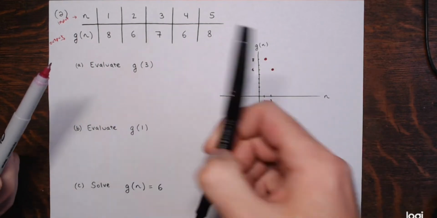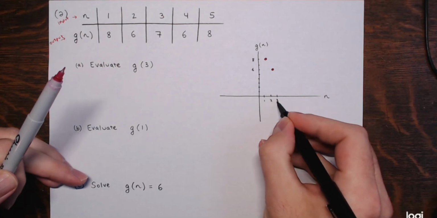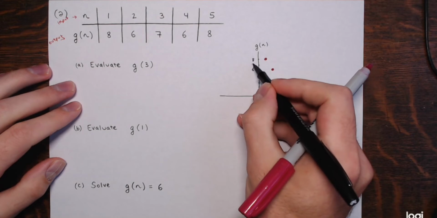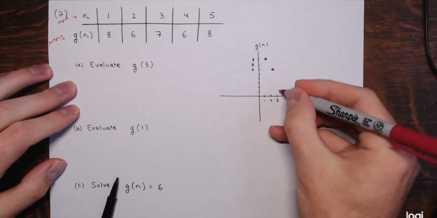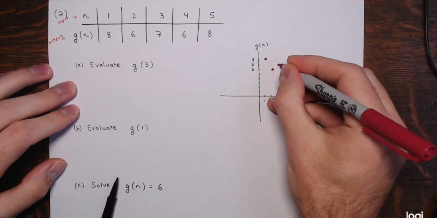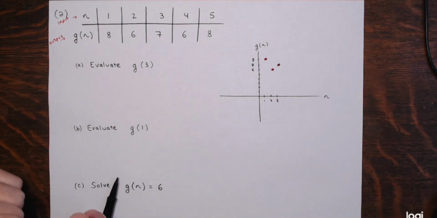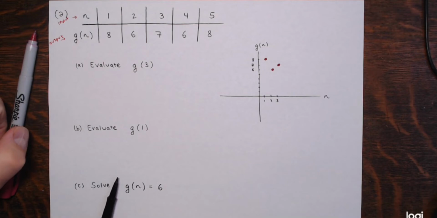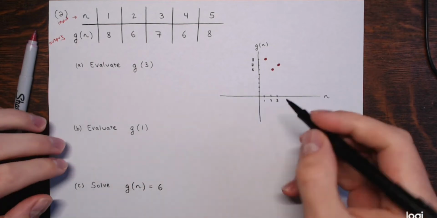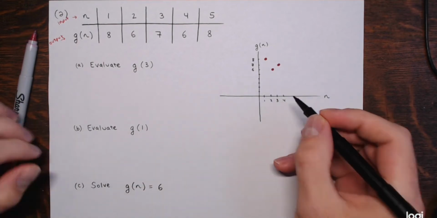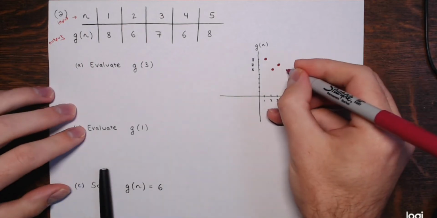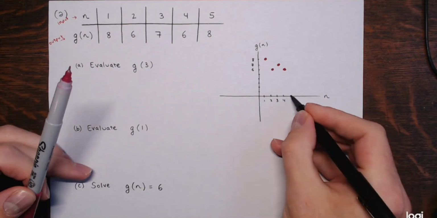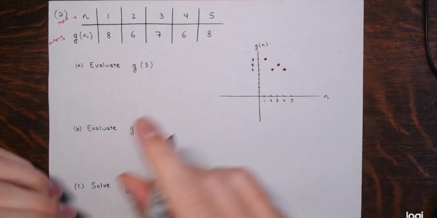Input 3, output 7. 3, 7. Again, I'm just doing a rough sketch. If you want to put these ordered pairs on Desmos, you can actually just put pairs on Desmos. Let's put these 5 points on there. Then we have input 4, output 6, so around here. And then input 5, output 8. Now don't connect the dots.